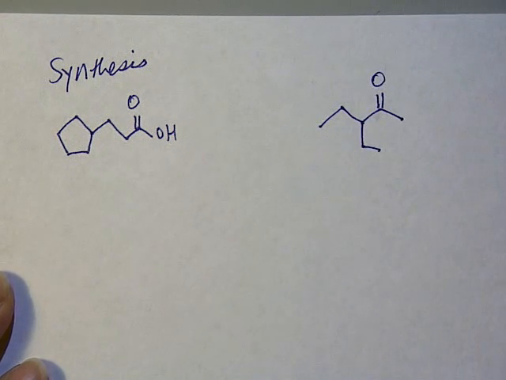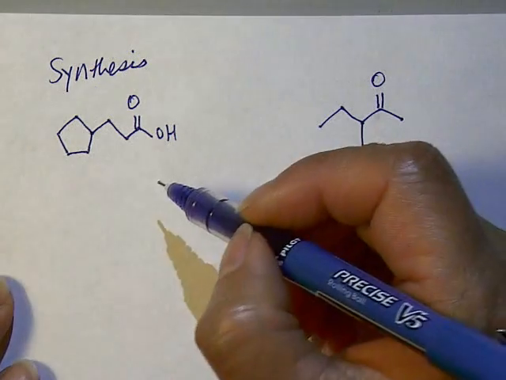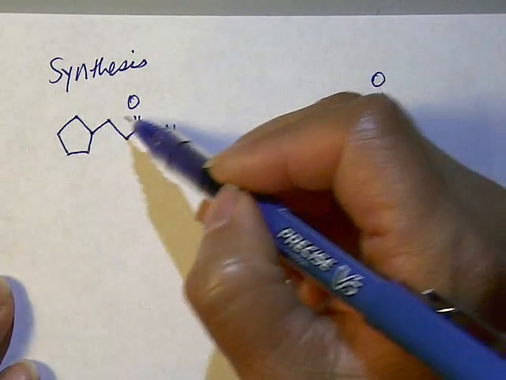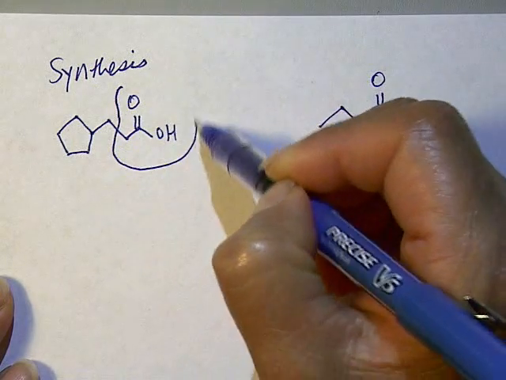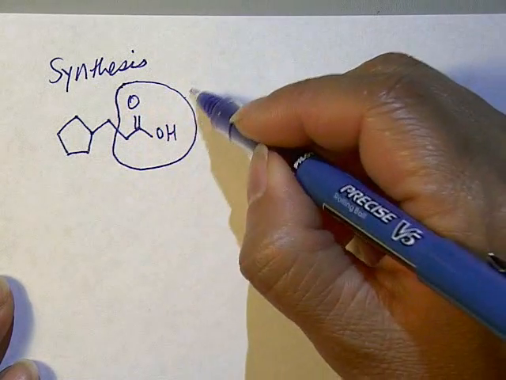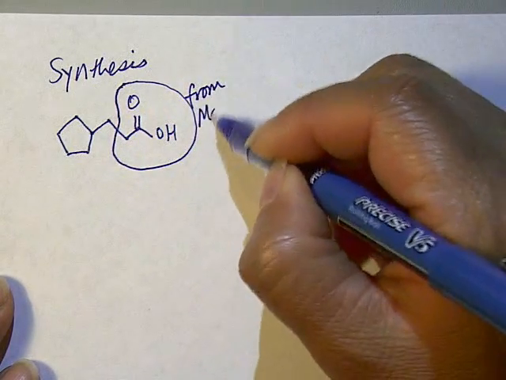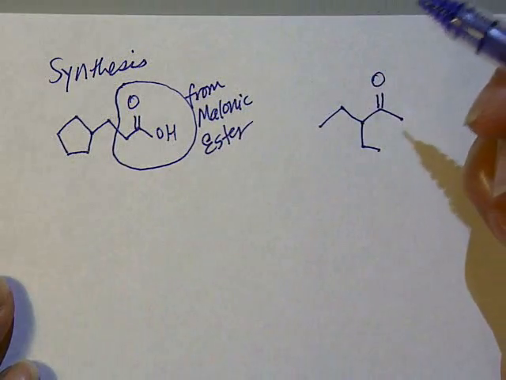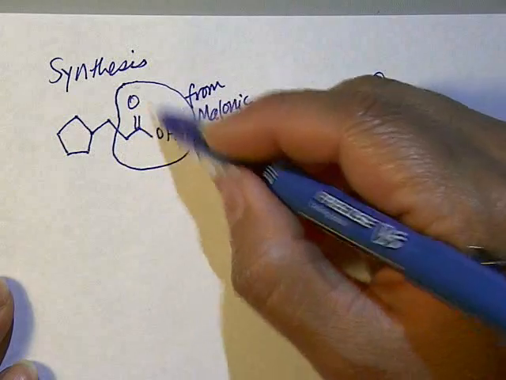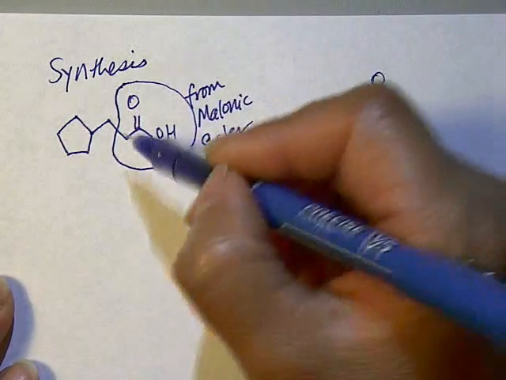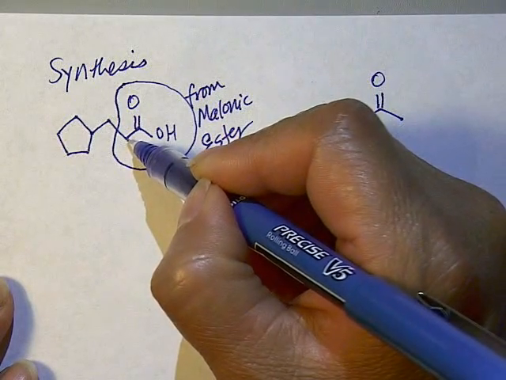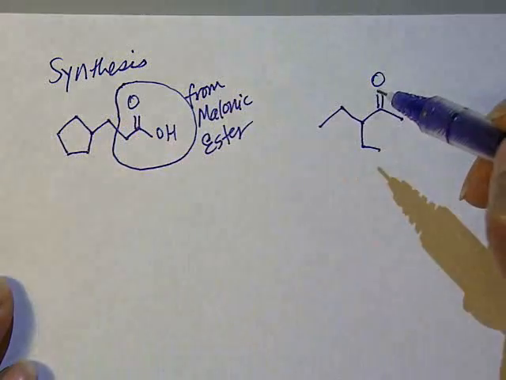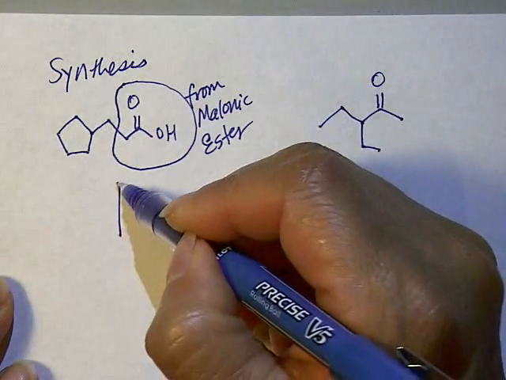so here's another example. So here what you're recognizing is if you want to use a malonic ester, notice this part could come from malonic ester. All right, so you have to recognize any carboxylic acid, if you have a CH2 next to it, it could be made from malonic ester synthesis, right?